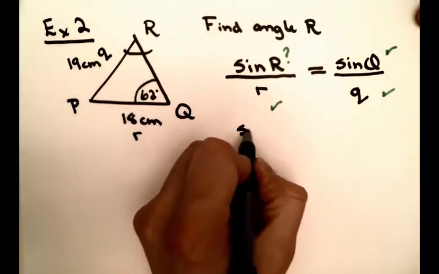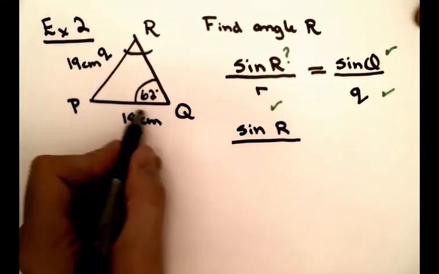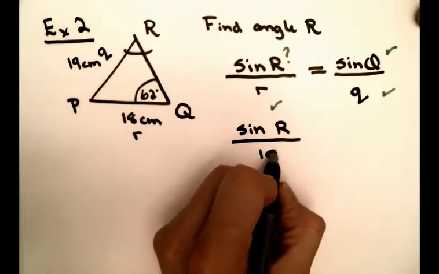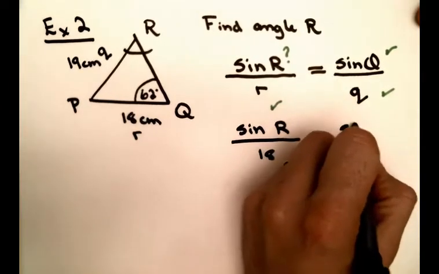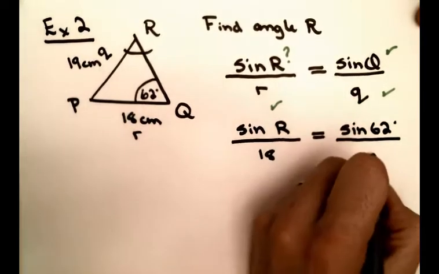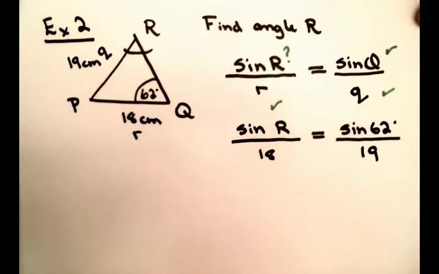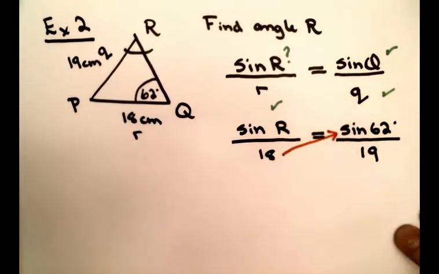So sine R over little r, which is 18, equals sine q, so we want to take the sine of 62 degrees, put it over 19. Okay? If you do it this way, you can cross multiply, and you'll only have to send the 18 over top.